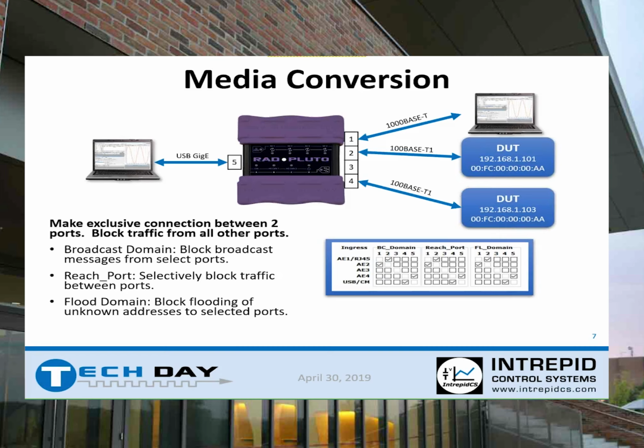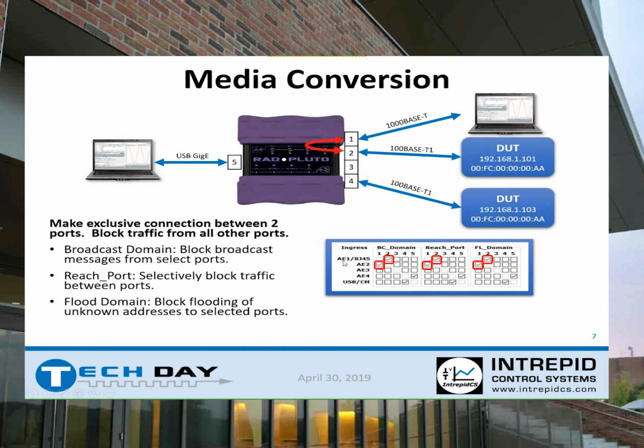So if I wanted to do media conversion between 1000BASE-T and 1000BASE-T1, I'd connect ports 1 and 2. And you can see in this chart, it's really a matter of these red X's, or these red check boxes.